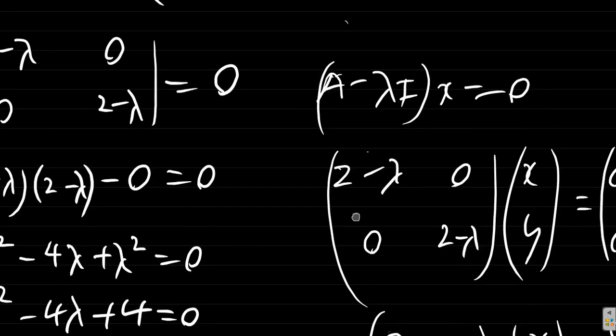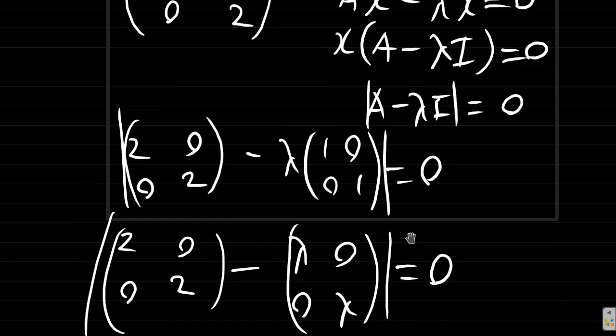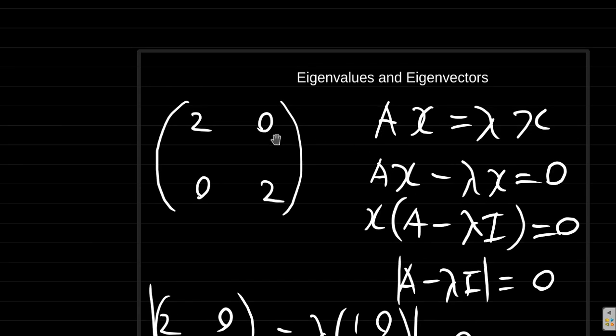Alright, so we see that 2, 0, 0, 2 is really 2 times the identity matrix, and the eigenvalue and eigenvector of any number times the identity matrix will give you the same result. 0x plus 0y equals 0.